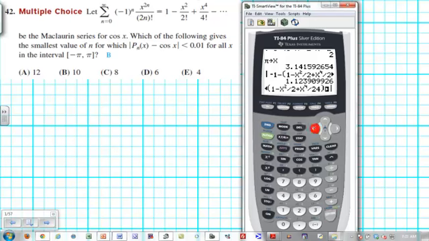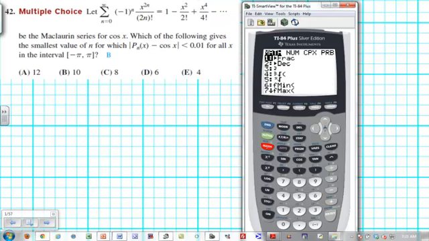This time, I'm going to add on the next term, which is what? Second insert minus x to the 6th divided by 6 factorial, which I do not know off the top of my head. No, I do know. It's 720. But it's getting to the point where I'm going to want to have the factorial just done for me.